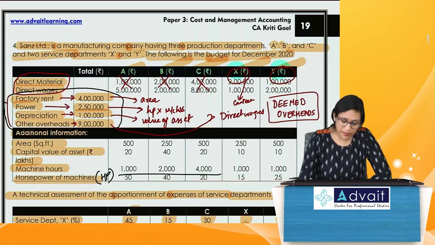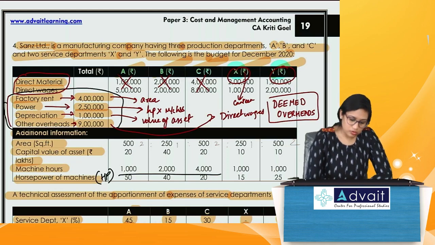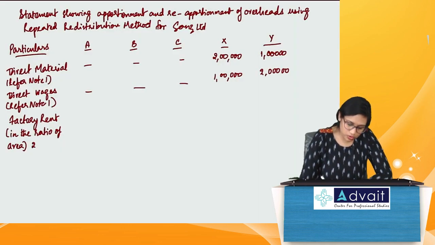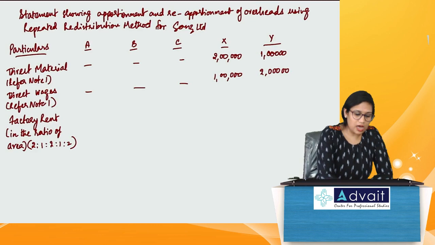So can I simply say this is 2:1:2:1:2? Yes or no? This is my ratio. So let's start dividing, guys.